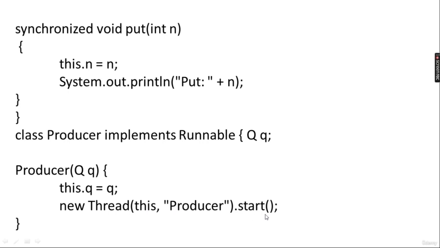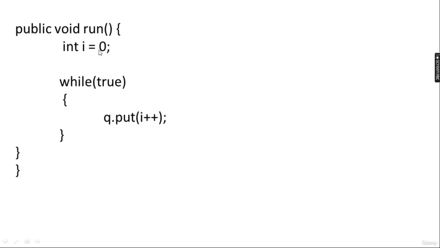New Thread(this, "Producer").start(): this instantiates the thread object and directly starts it, without creating it like Thread t = new Thread(this, "Producer"). Whatever queue object we create, it will be passed to the producer through the parameterized constructor. Now in the run method, while true, we are putting i++ into the queue.